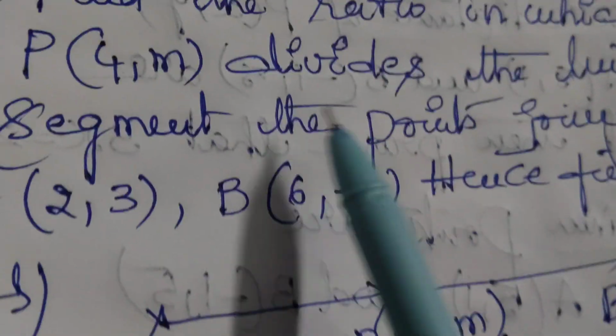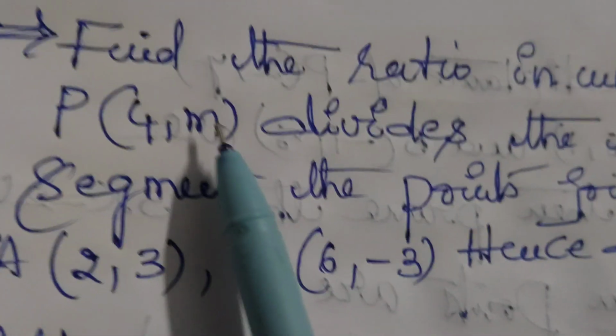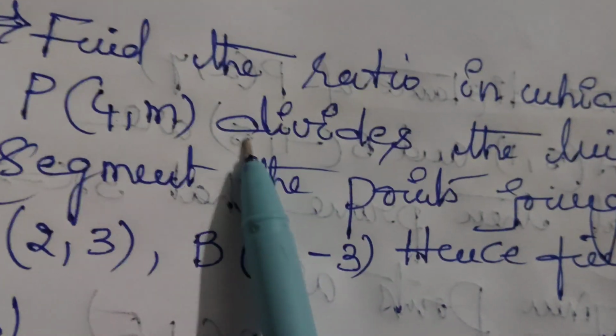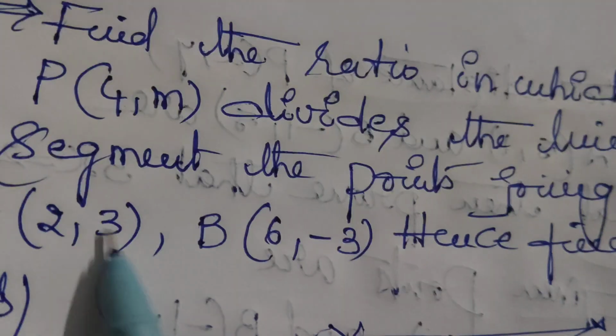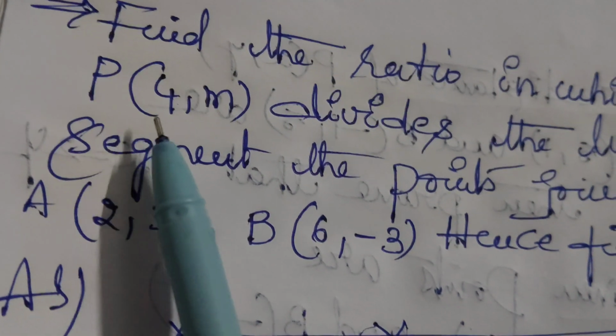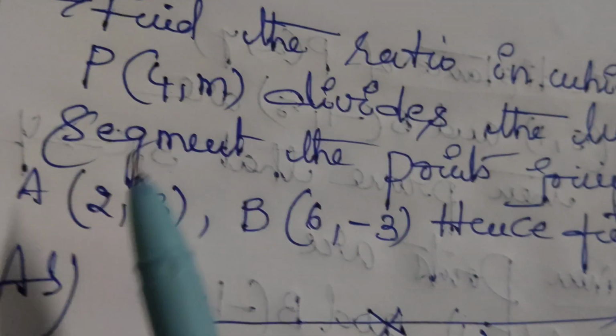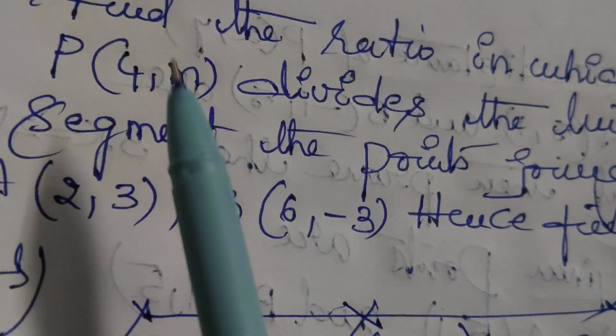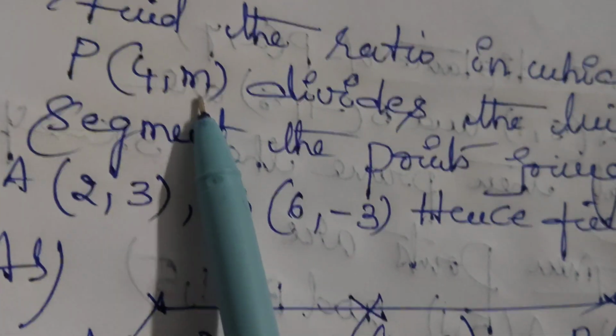Our problem means: if the point which divides line segment AB is P(4, m), as already given, then find the value of m.